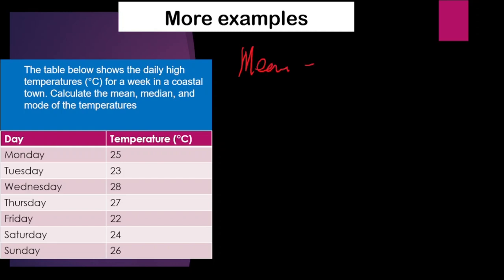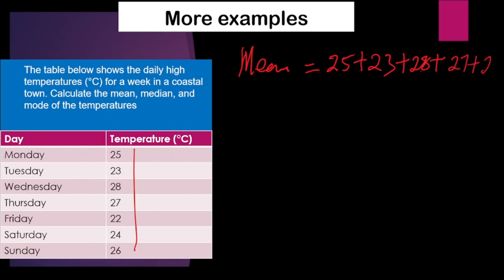So the mean is the addition of everything we have here. That is 25 plus 23 plus 28 plus 27 plus 22 plus 24 plus 26.